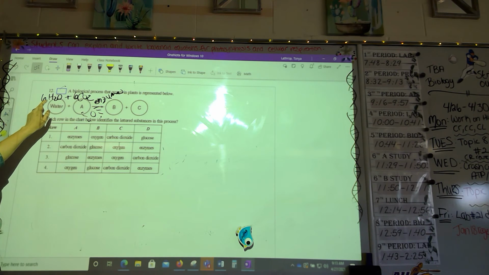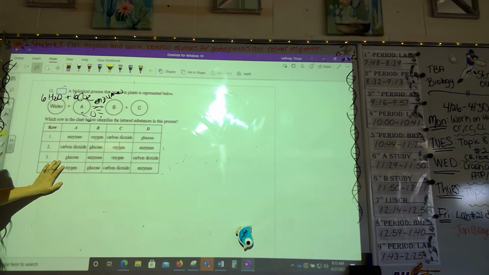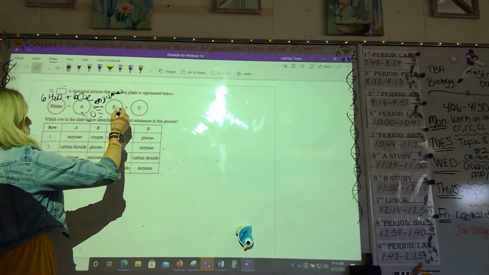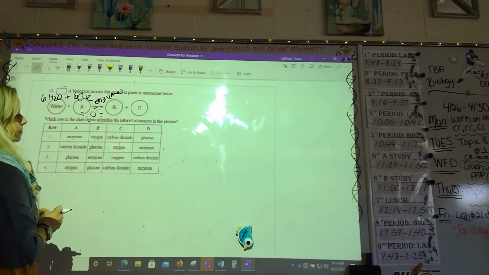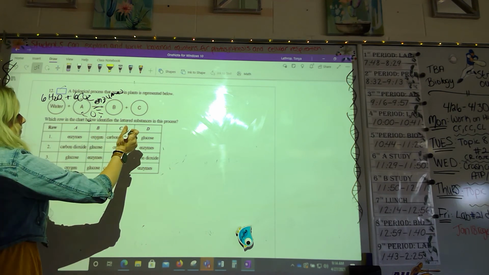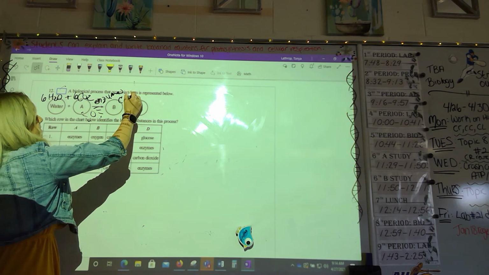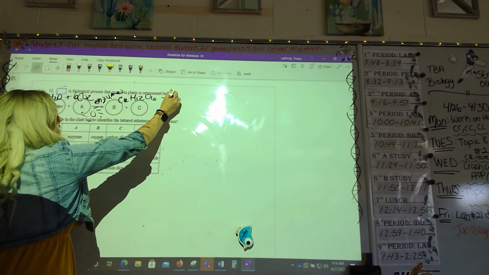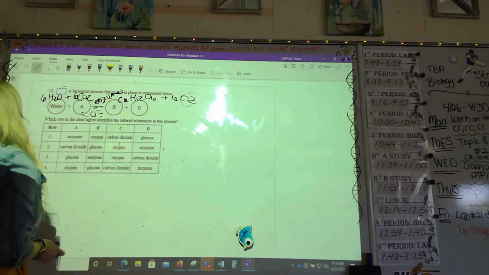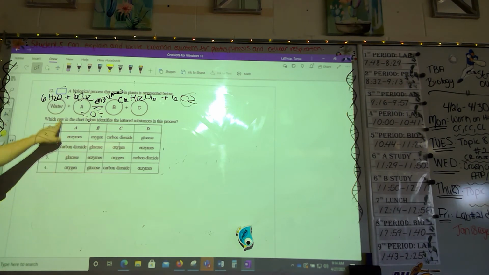So it's taking in water and carbon dioxide, and what is it gonna make? It's going to make C6H12O6 plus 6 oxygen. So we want to look at what could A possibly be.